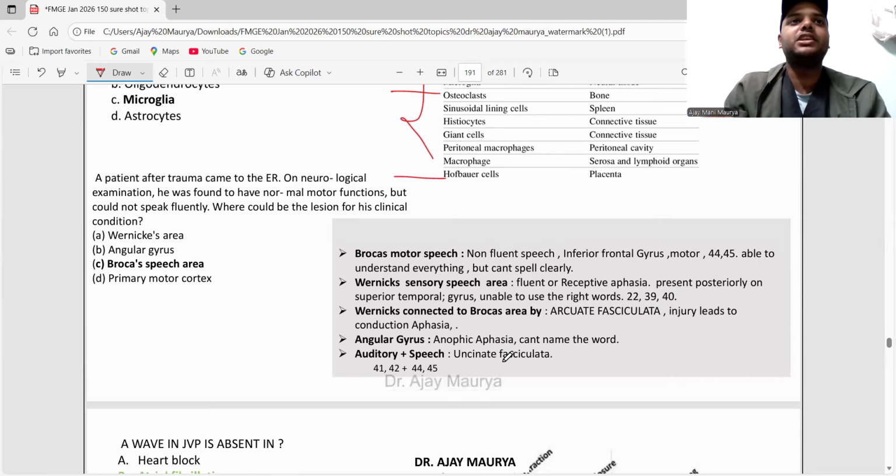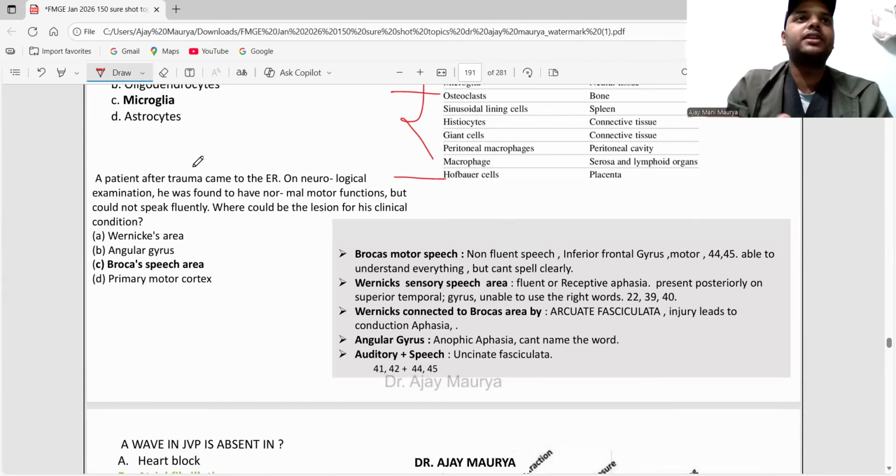Next one, remember, this is the exam case scenario. We are going to talk about Broca's motor speech area.